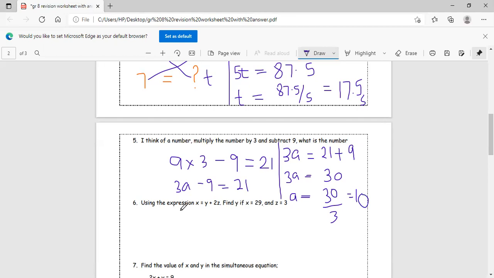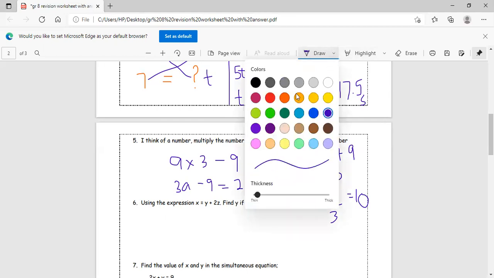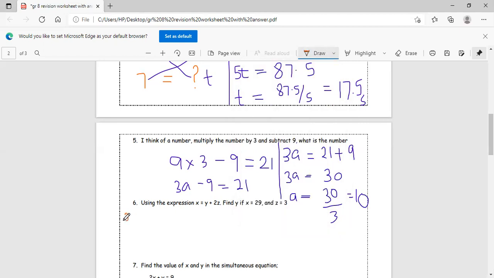Using the expression x is equals to y plus 2z, find y if x is this and z is this. So now the expression says that x is the same as y plus 2z.